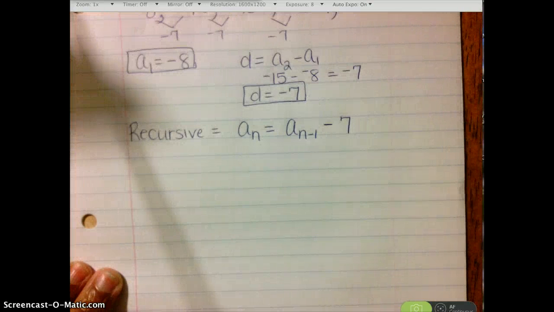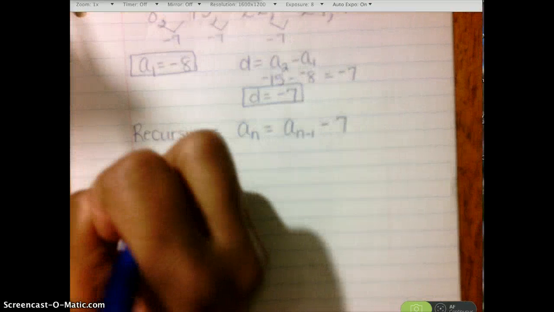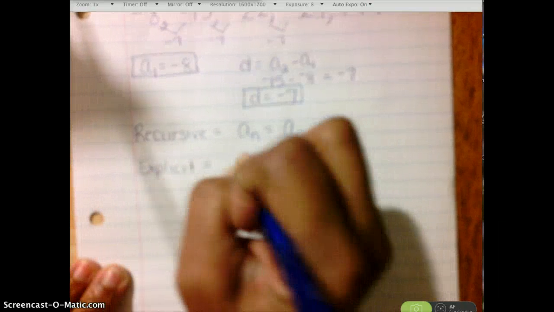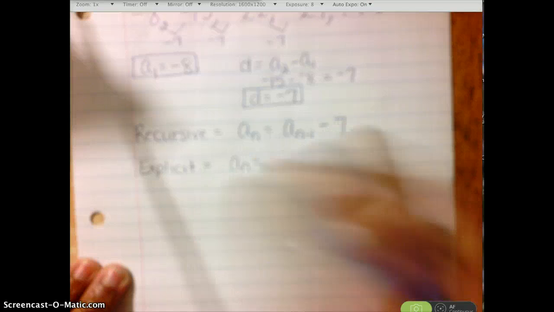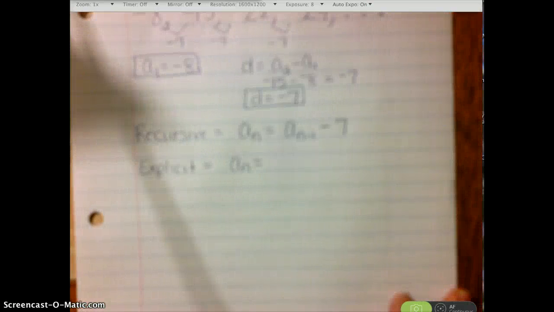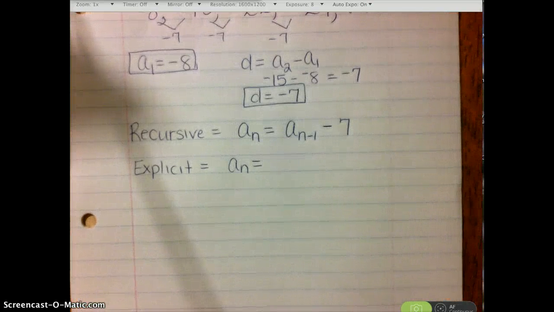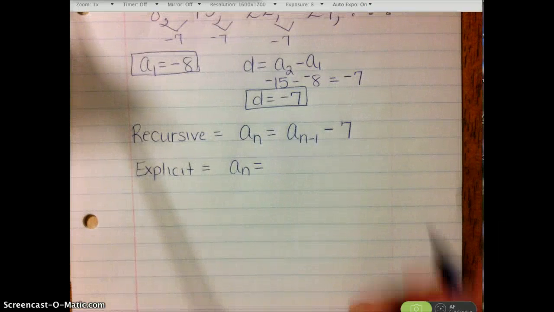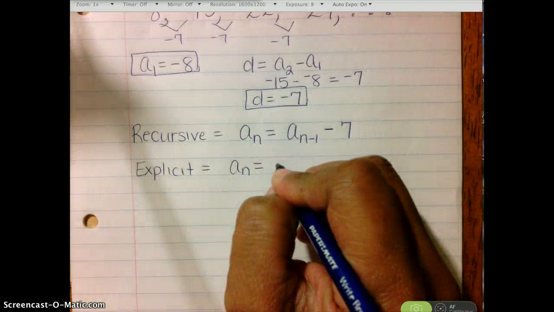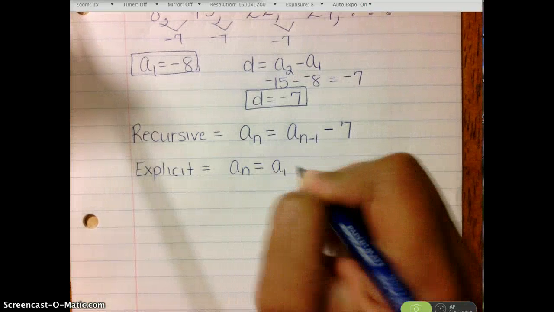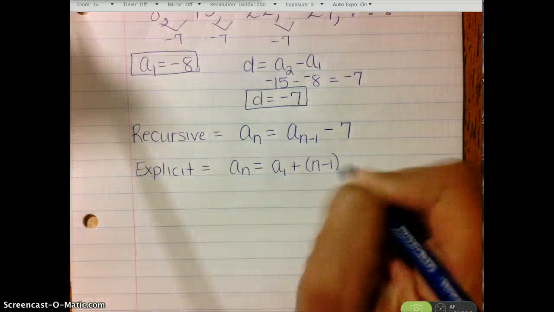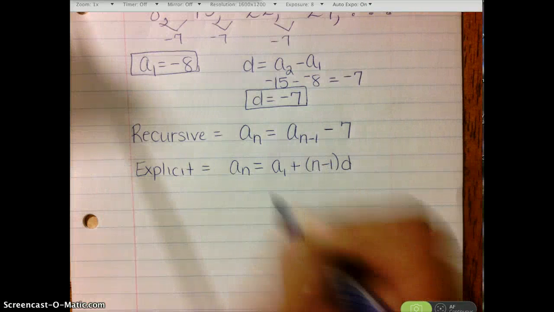All right, for the explicit, the current term is equal to the first term plus n minus 1 times the common difference.